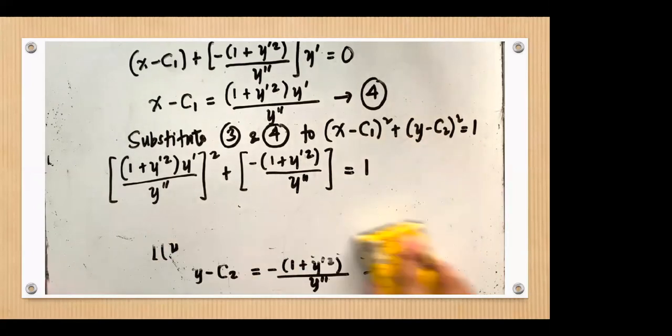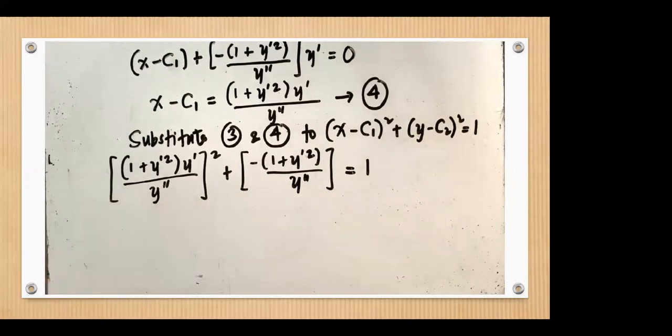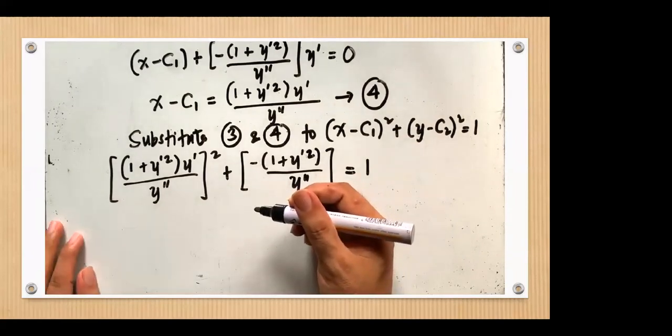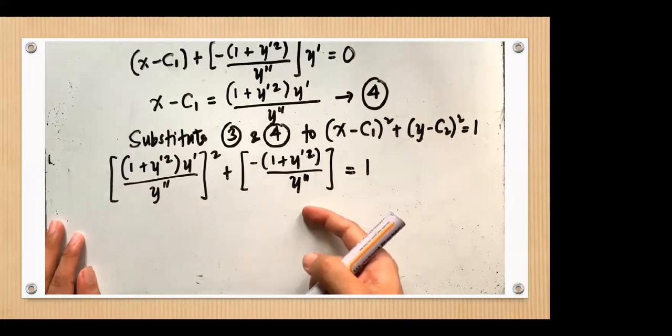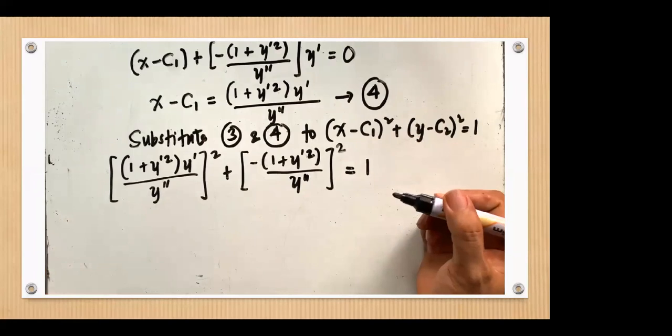Okay, I think Sir Phil, nakalimutan mong lagyan ng exponent 2 yung second term. Okay. So the next step will be, okay, to simplify na. Okay. Ayan. So naalala ni Sir Phil. You have to put 2 there, the second term.